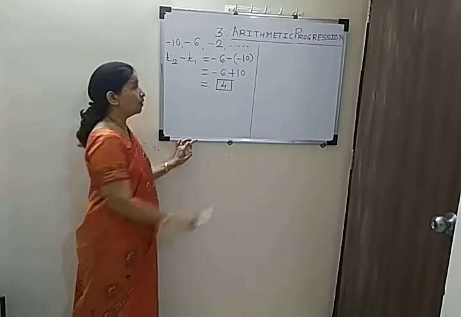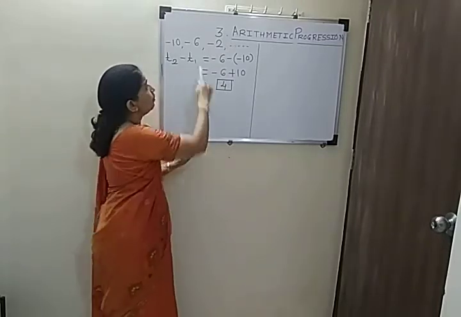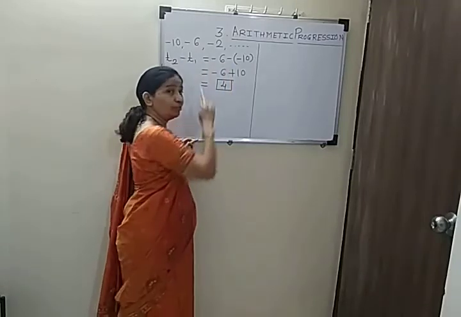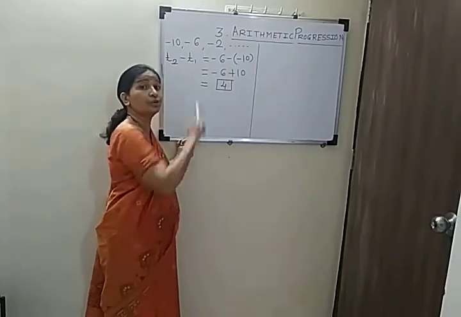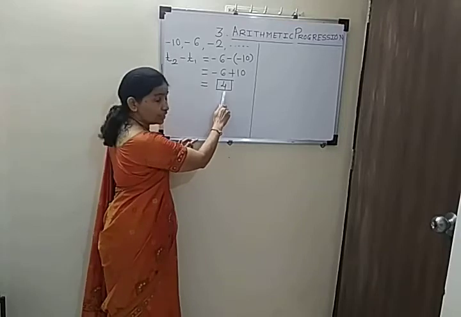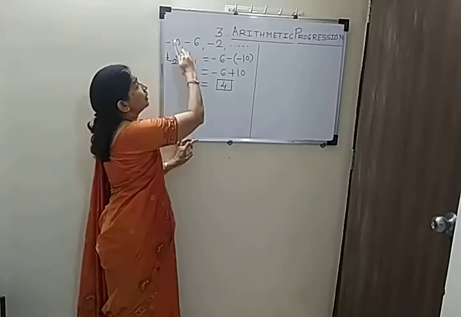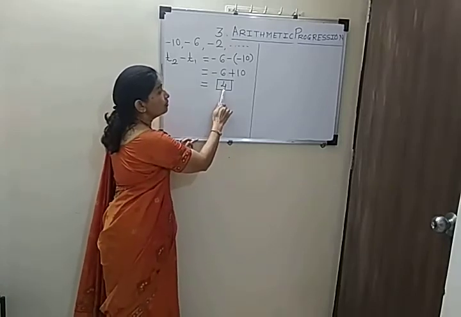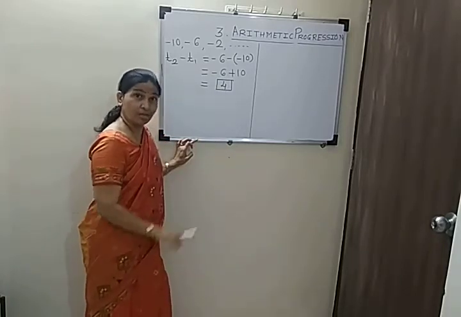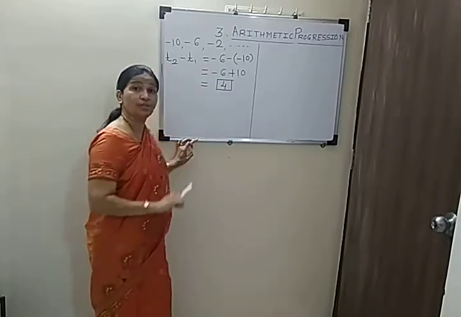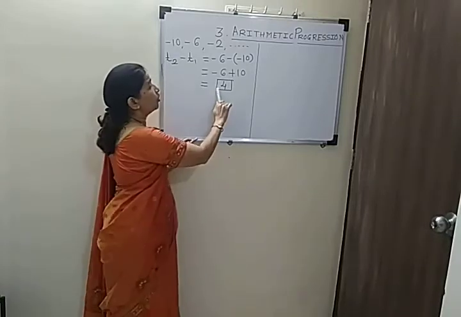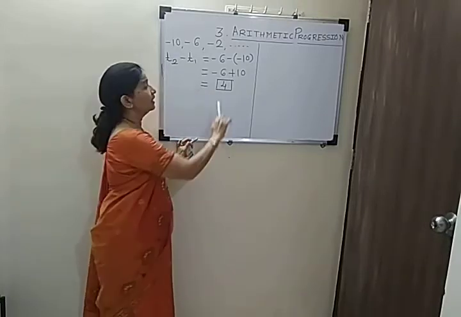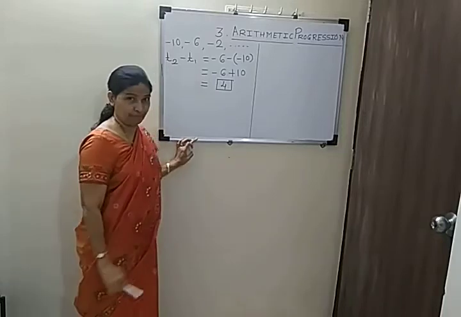So in this way, for any sequence, if the difference between consecutive terms remains constant, then we call that sequence an AP.